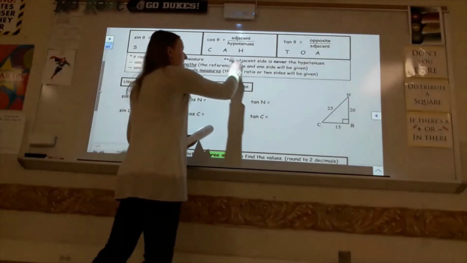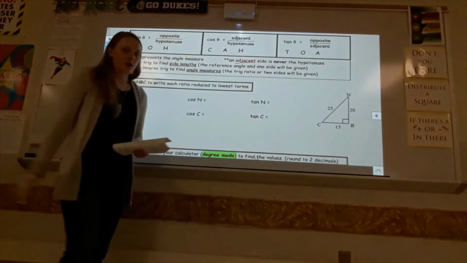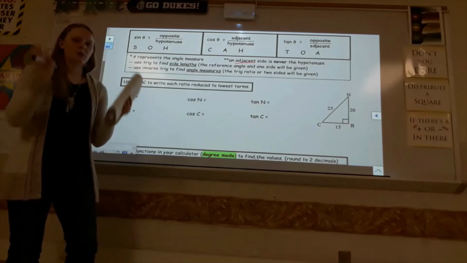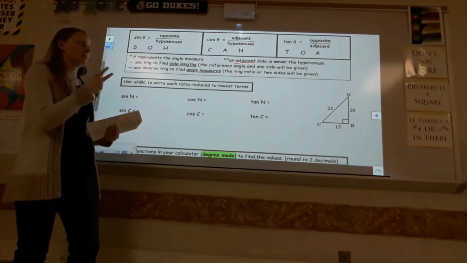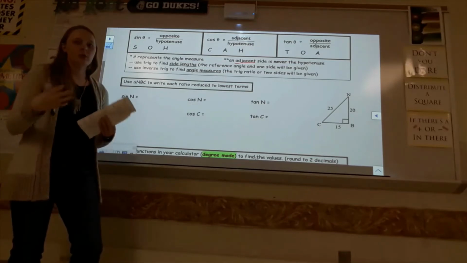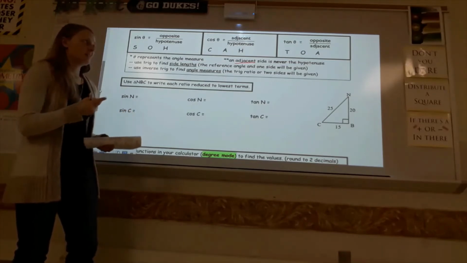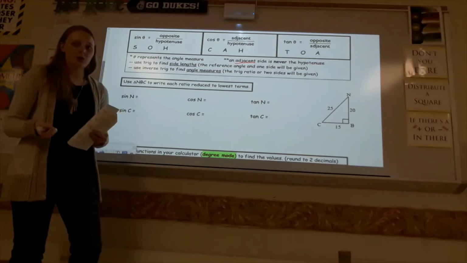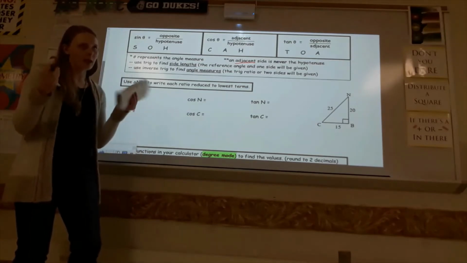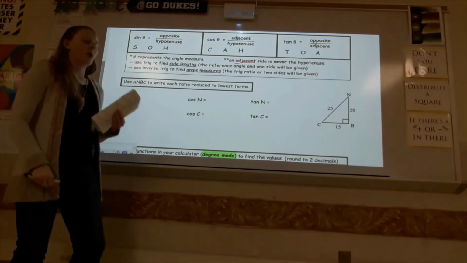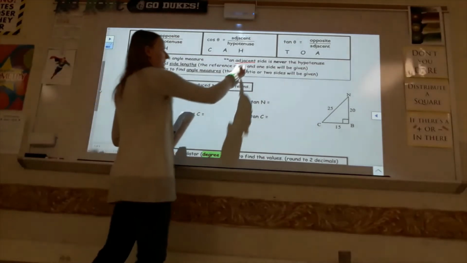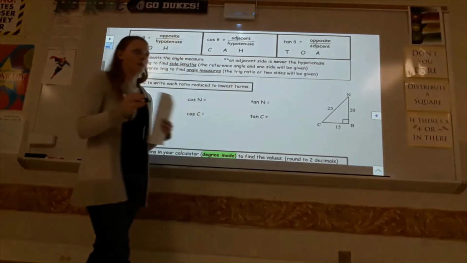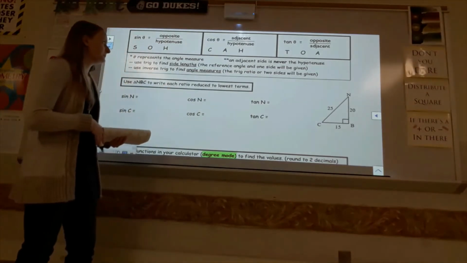Remember that the adjacent side to an angle is never the hypotenuse. The hypotenuse is its own special side, represented with H for hypotenuse. The adjacent and opposite sides have to be one of the 2 legs. So don't ever accidentally say that the adjacent side is the hypotenuse. Even though it's next to the angle, technically yes, but the hypotenuse serves its own purpose in the question. So the adjacent side would be the leg that's next to the angle.